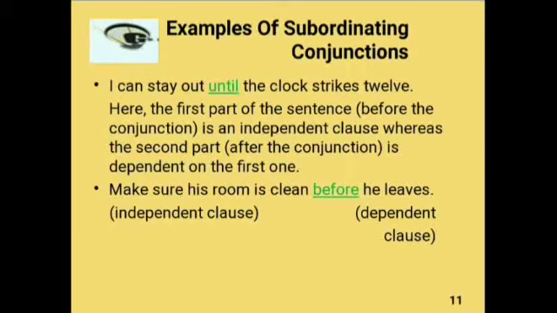Make sure his room is clean before he leaves. In this sentence, the first part of the sentence, that is before the conjunction before, is an independent clause, whereas the second part, that is after the conjunction before, is a dependent clause.